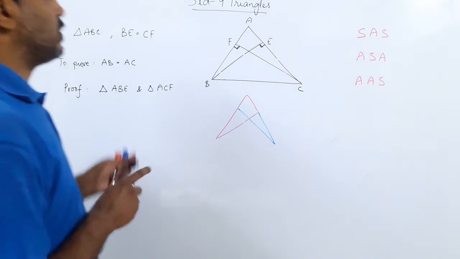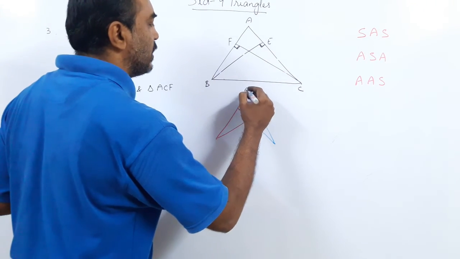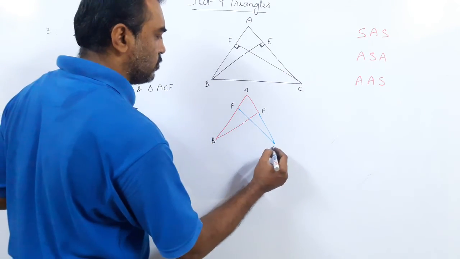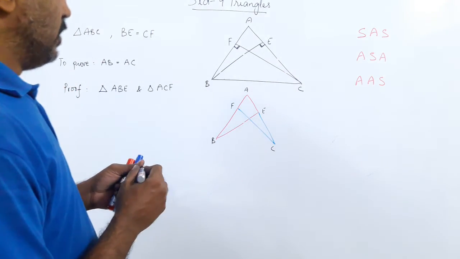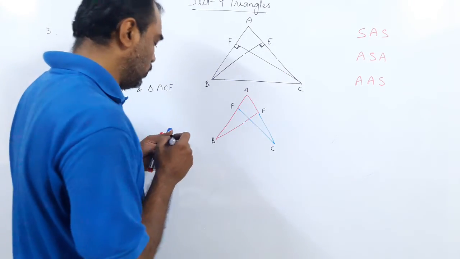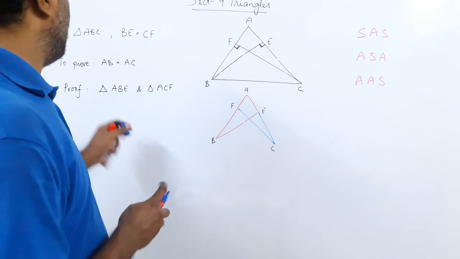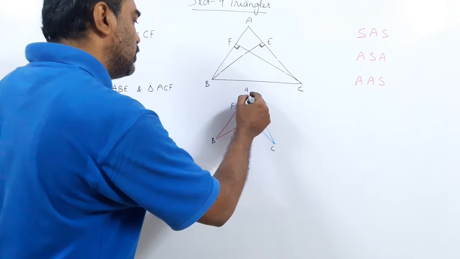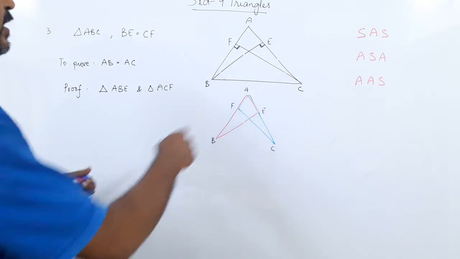Okay, so I have written different colors so you will understand which two triangles I have taken. This is the exact diagram we have here, but I have tried to show you the triangles we have taken. The triangle shown in red is ABE, and the triangle shown in blue is ACF.